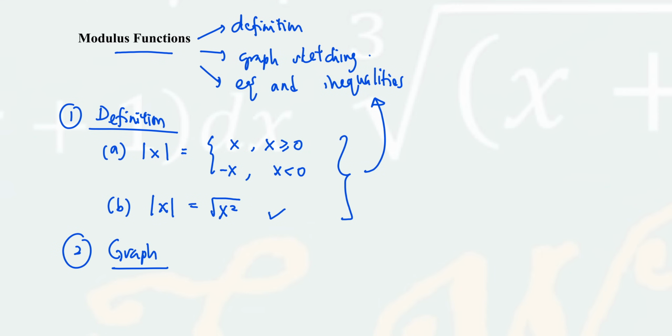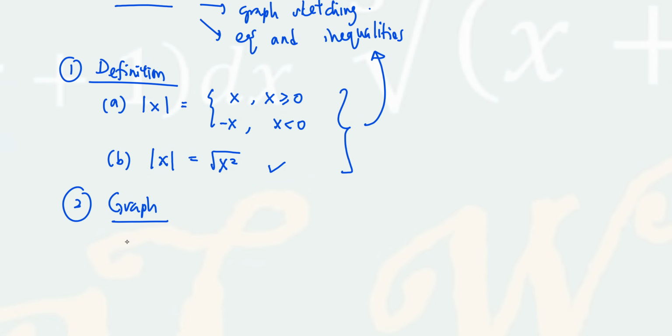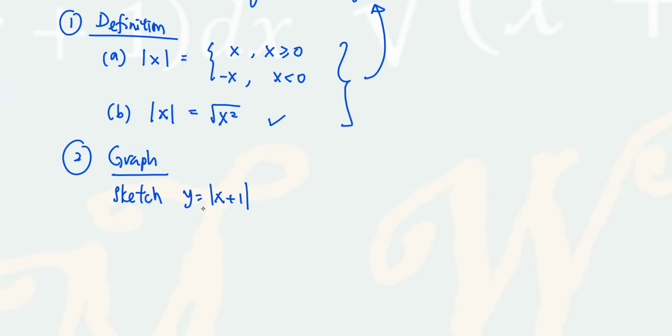So when we look at the graph, let's say for example we need to sketch y equals modulus of x plus 1. To sketch this graph, we will always start with the function without the modulus. These two lines are called modulus.